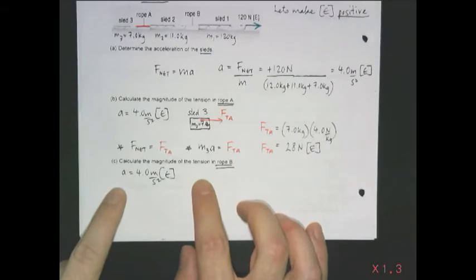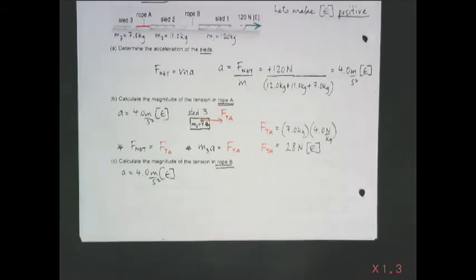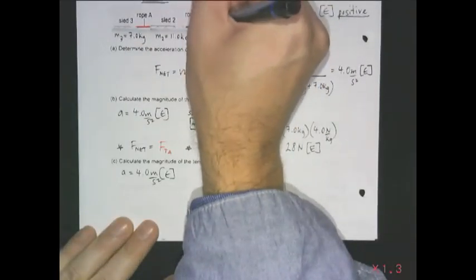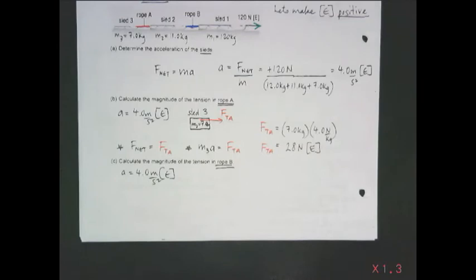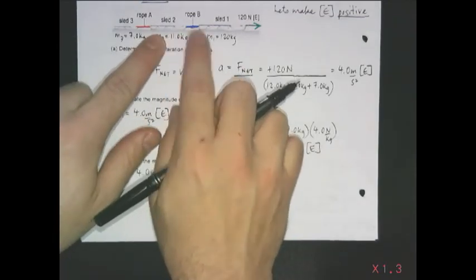For part C, they want us to find the tension in rope B. Let's take a look at sled 2 in order to determine this.